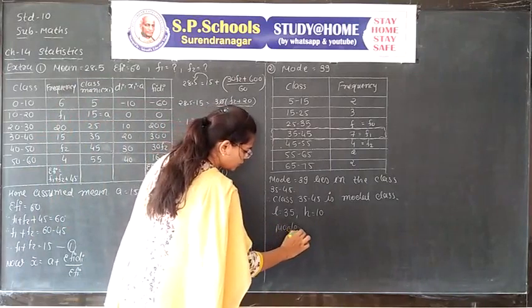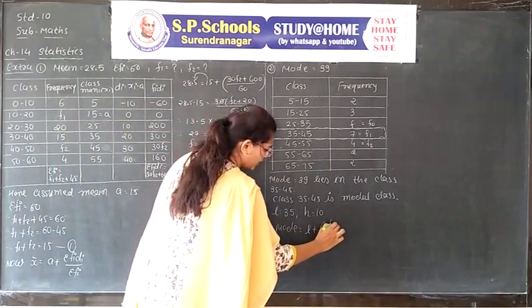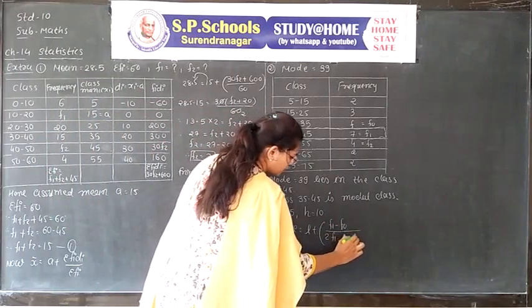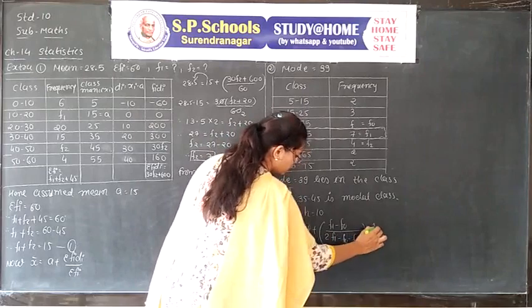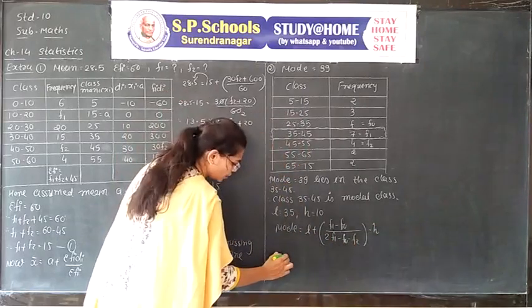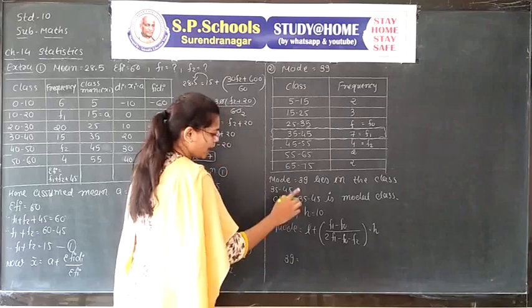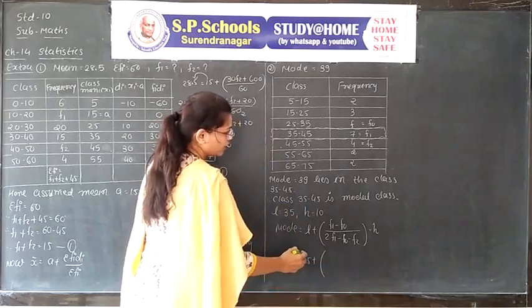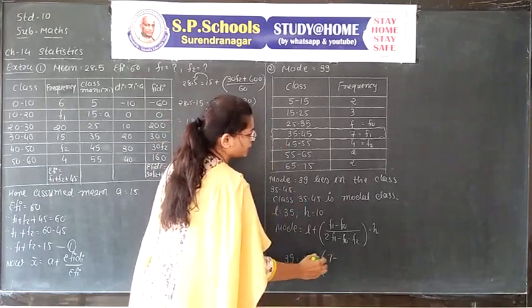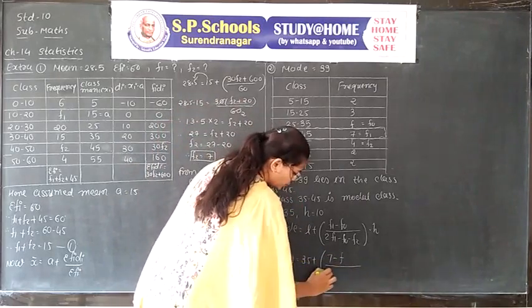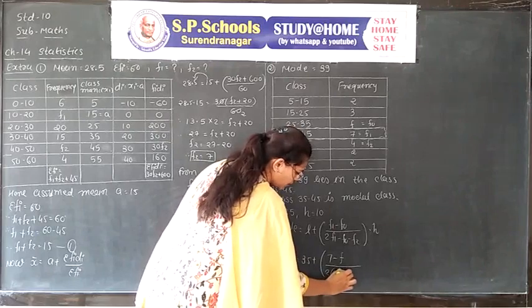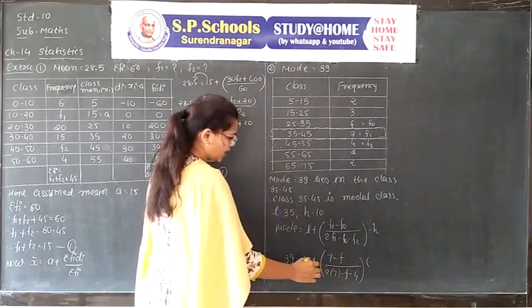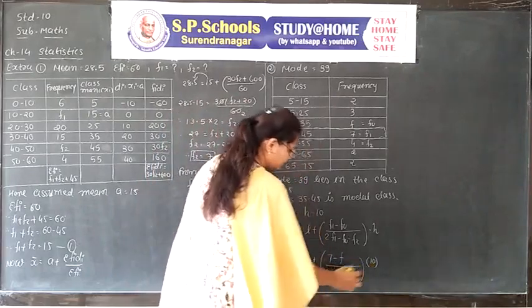Mode is equal to L plus, into bracket, F1 minus F0 upon 2F1 minus F0 minus F2, into H, where the mode is given in the question as 39, L lower limit is 35, plus F1 is equal to 7 minus F0, which is F, upon 2 into F1, 2 into 7 minus F minus F2, which is 4, and the class size H is equal to 10.